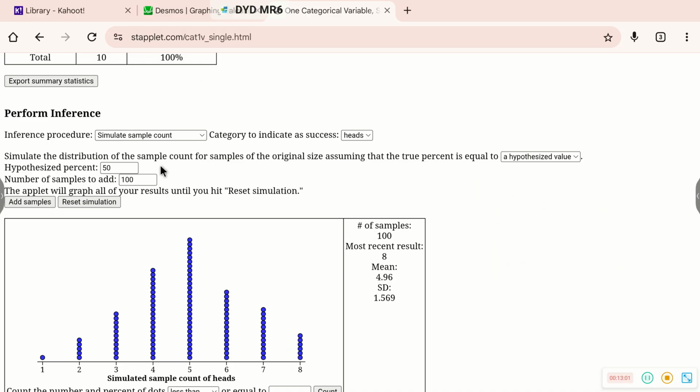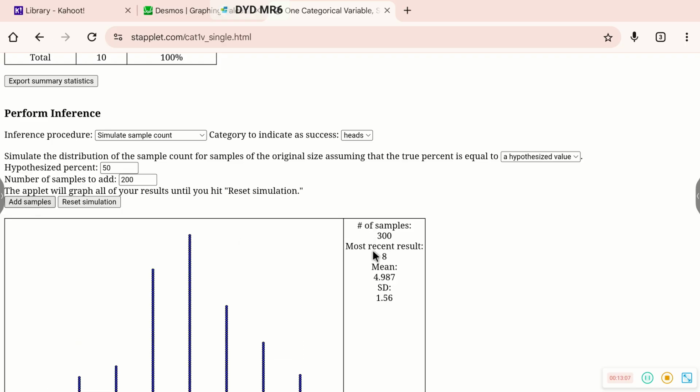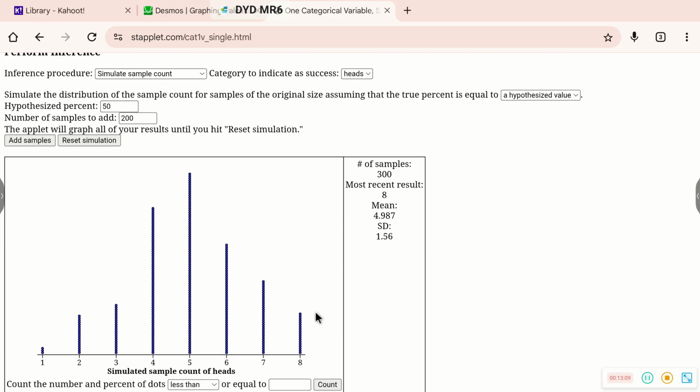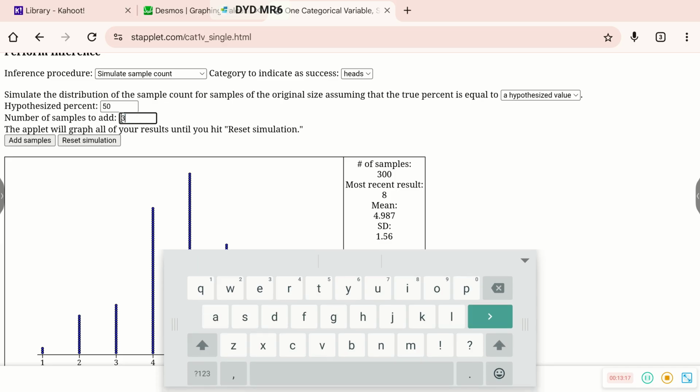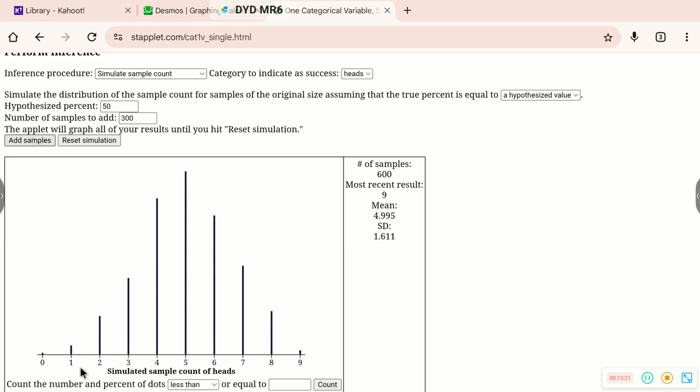Now let's say we did this 200 times. However many 8s we have would be that many out of 200. And let's say we did this 300 times. Now we're starting to get some lower numbers.